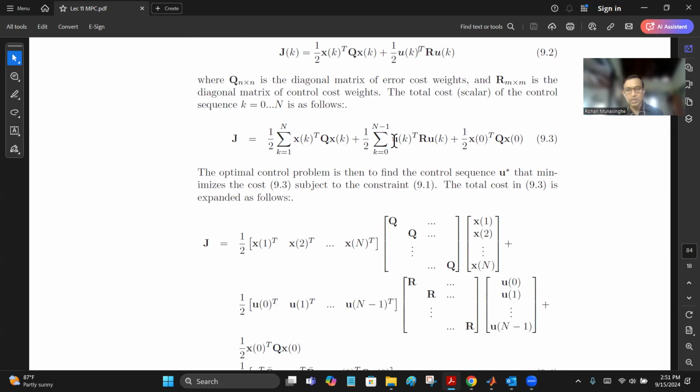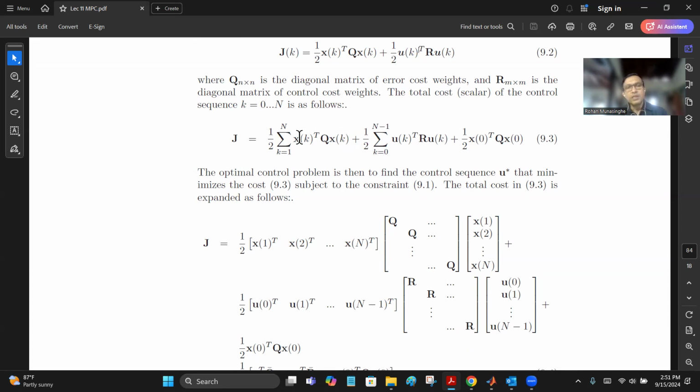I explained to you a while ago, we don't consider the control signal at the end of the time, because it doesn't come into our equation. Whatever effect is due to that control signal is beyond our time horizon. So when you get the cost of the control signal, you have to get it only up to n minus 1, not to n. But it starts with 0, because at the very beginning, there is a control signal.